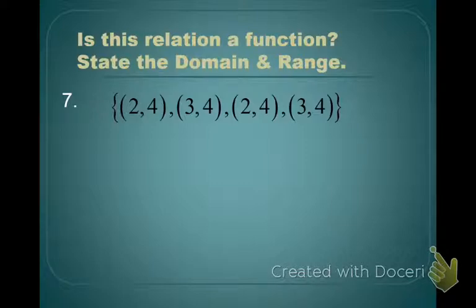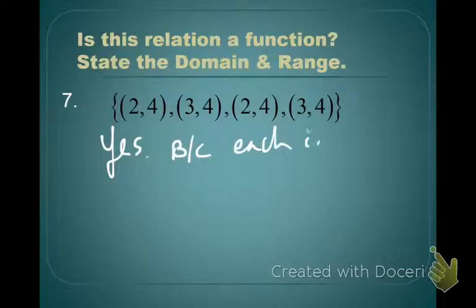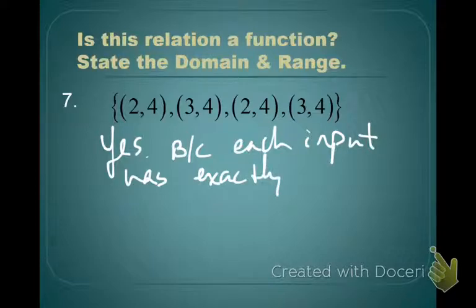Okay. And the answer is, you see it there. Yes, right? Each input has exactly one output. I want to keep saying that. Your notes might say something different. I'm a stickler for definitions.